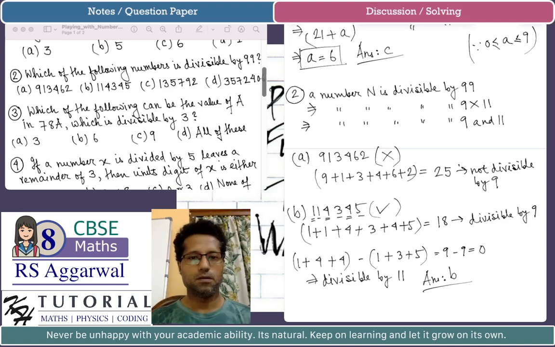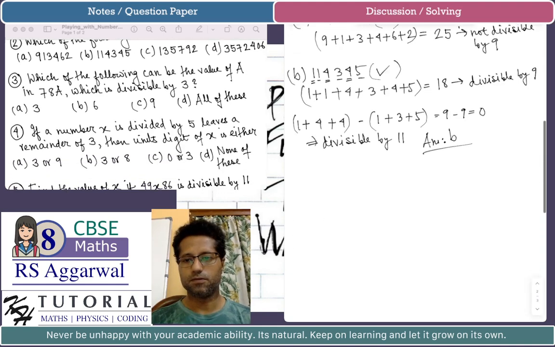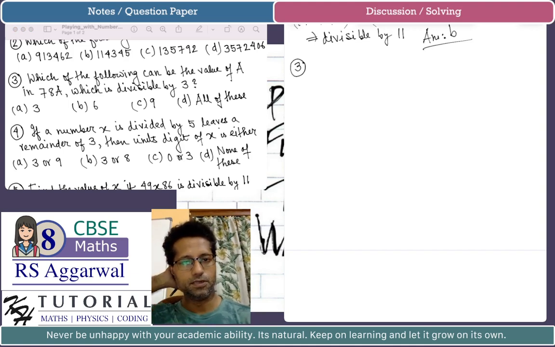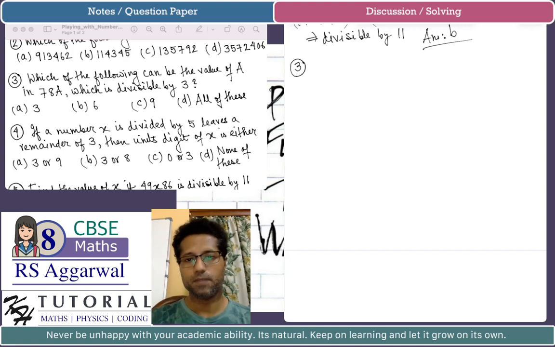Okay, let's do problem number 3. Which of the following can be the value of A in 78A? That is, 78A is a 3-digit number which is divisible by 3. If it is divisible by 3, then the sum of the digits must be divisible by 3.